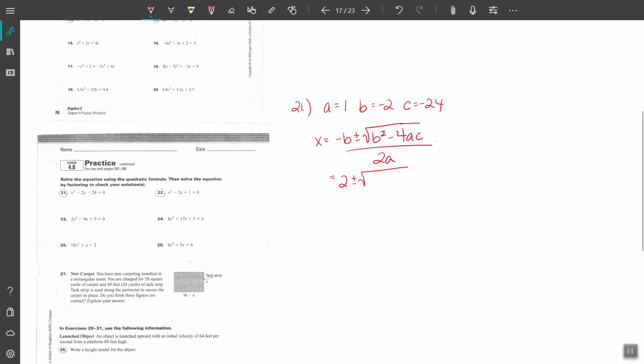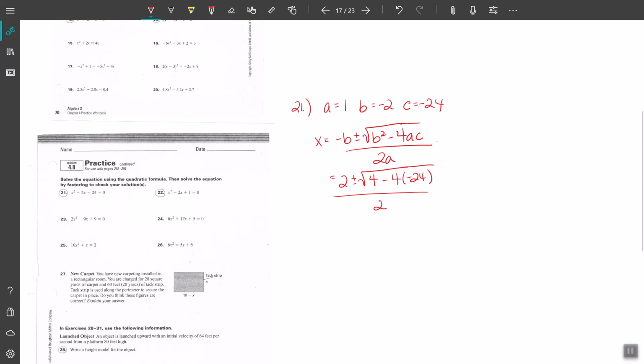All right, b squared, b is -2. I'm going to square the whole thing, negative signs included, so that'll give me 4. All right, minus 4 times a, which is 1. I'm going to go ahead and write out that -24 for c because I need to remember that that's negative, and it's going to take me a minute to calculate that. All right, and then 2 times a, which is 1.